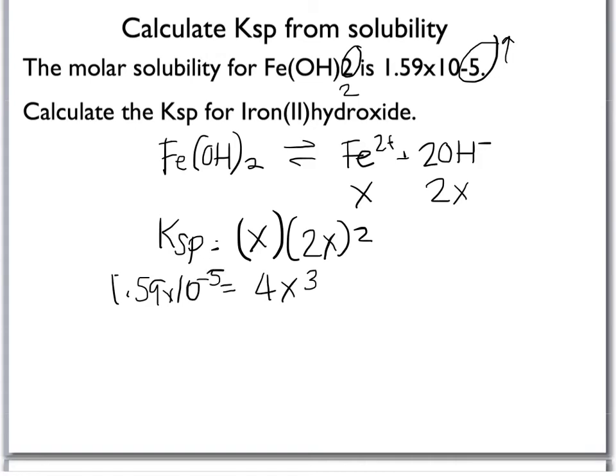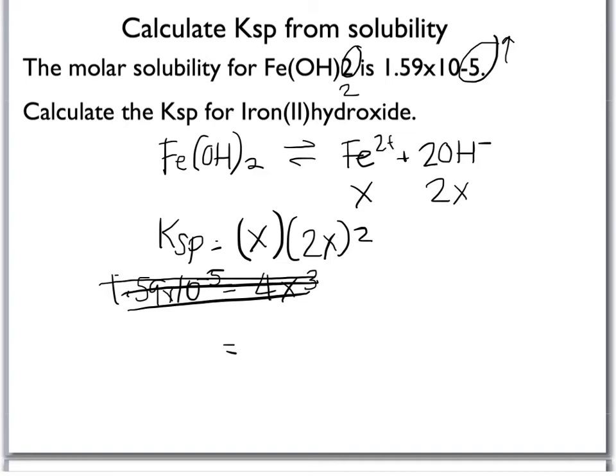And now we're just going to solve for X. Okay, so to solve for X, we could, oh, I made a mistake. I need to erase something. Oh no, it's not letting me erase. Well, I need to just cross this out then, because that's not true. So far, Ksp equals X times 2X squared.